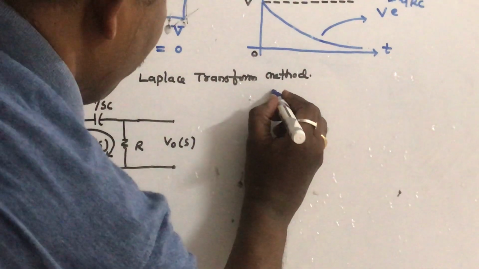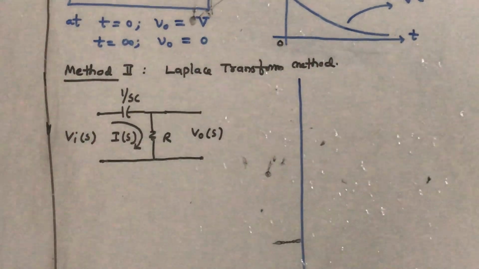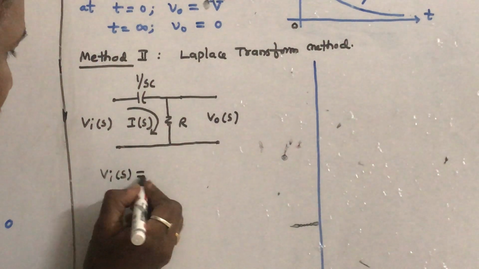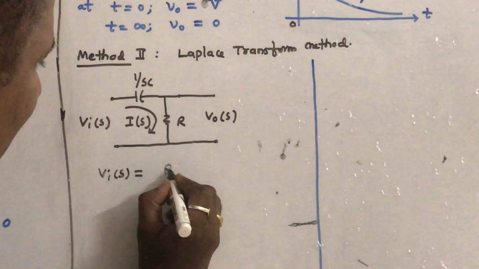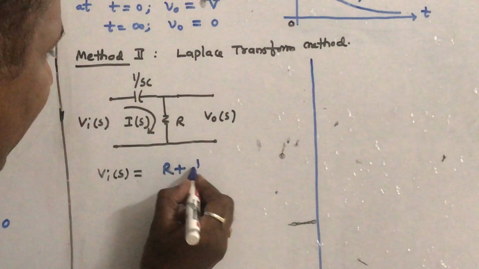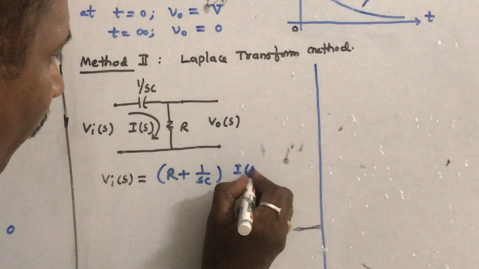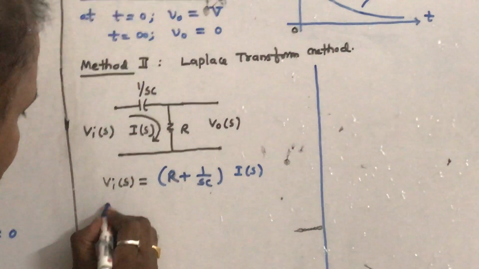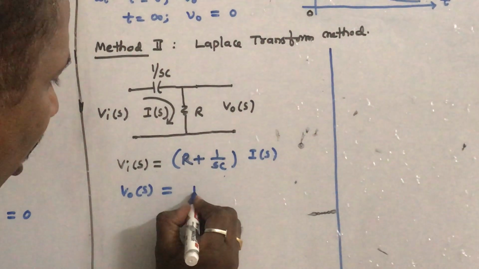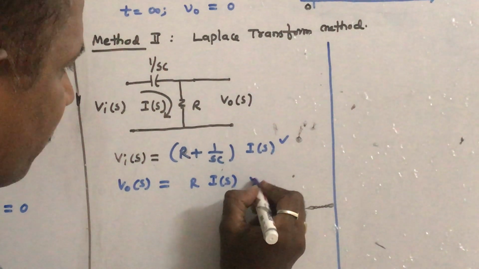Now, from networks knowledge, what is VA of s? From this loop, VA of s is equal to R plus 1 by SC into I of s. What is V0 of s? V0 of s is simply I of s into R. Divide V0 of s by VA of s.